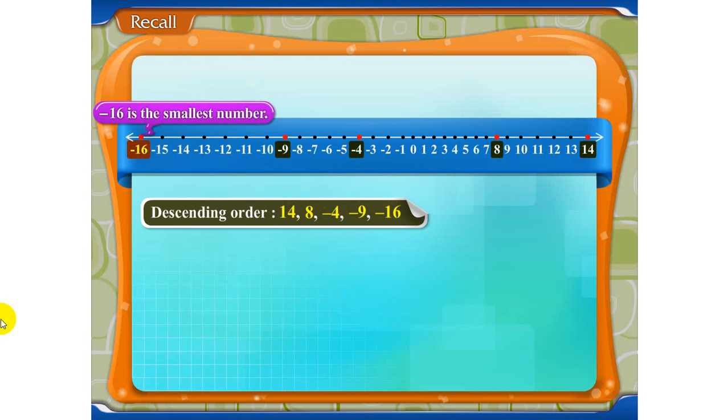Here, -16 is the smallest number and 14 is the greatest number, because -16 is on the left side among all the marked numbers and 14 is on the right side among all the marked numbers.